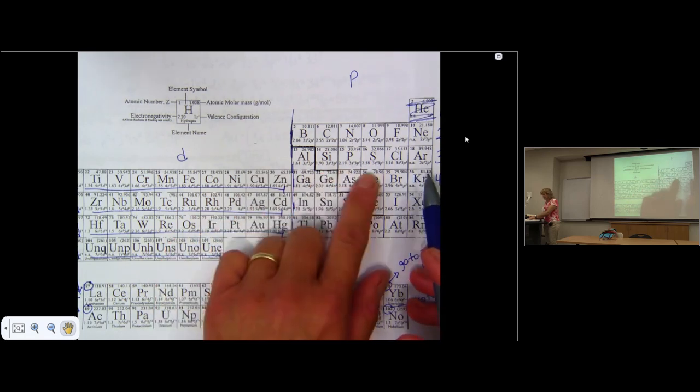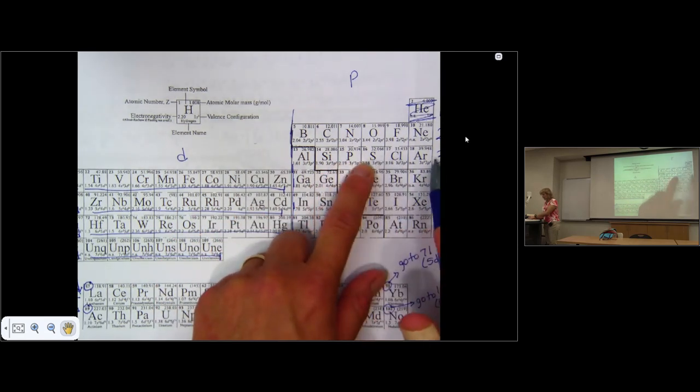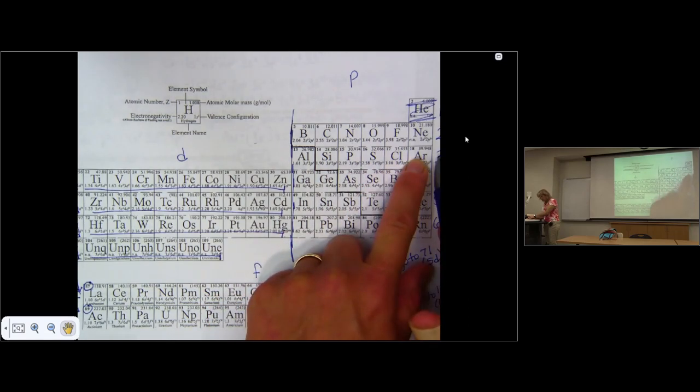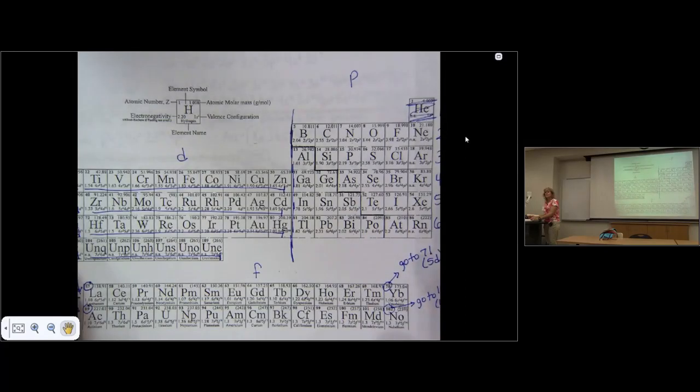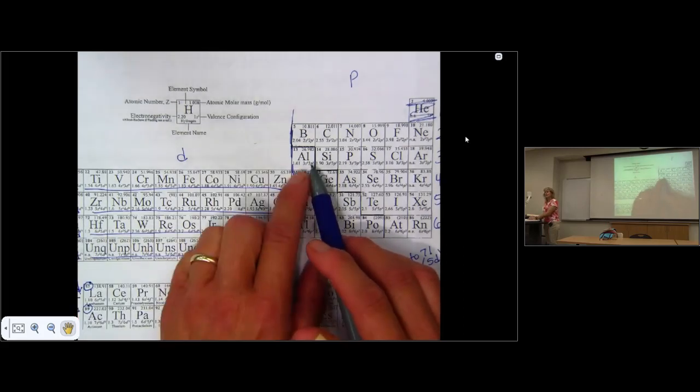Who else looks like argon? So we know phosphide looks like argon, sulfide looks like argon, chloride looks like argon, argon looks like argon. Tell me who else looks like argon. Aluminum will not look like argon. Who will aluminum ion look like?